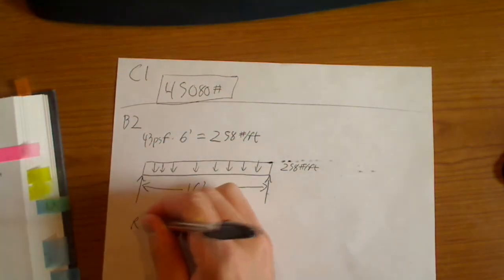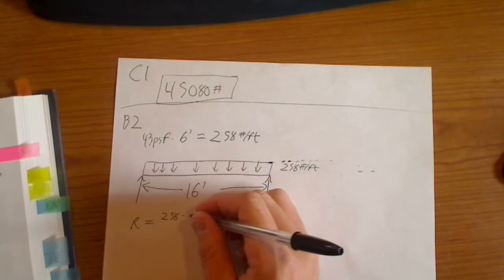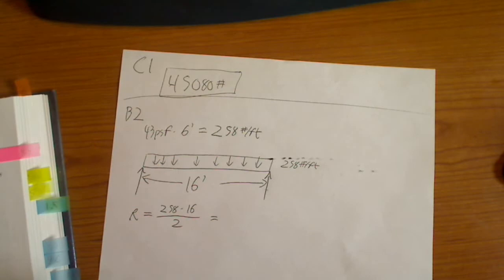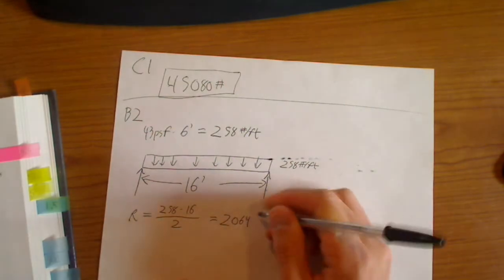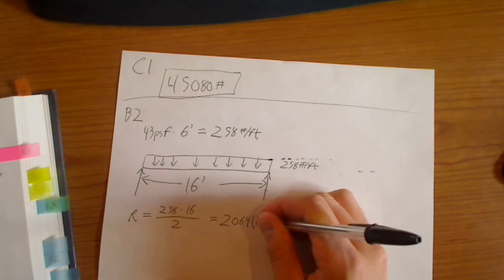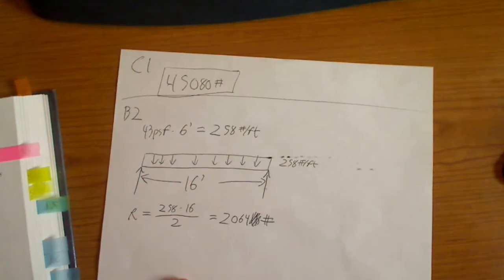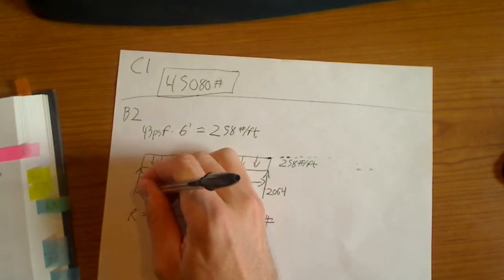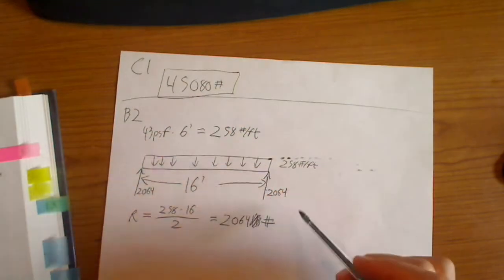In this case, R is going to be equal to 258 times 16 over 2 equals 2,064 pounds. And the pound sign comes across easier. 2,064 pounds here. There, that would be your free body diagram for B2.